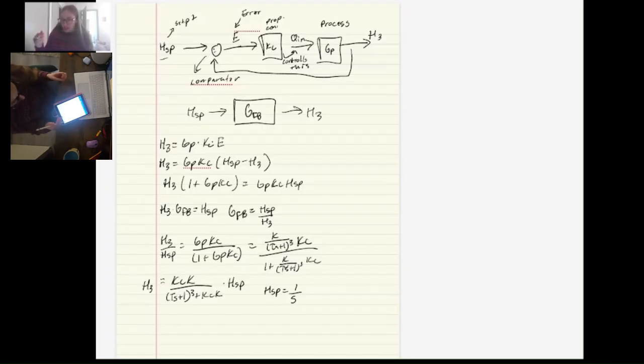Now, since it is 1 over s, we can make another function. So we have our deviated function of our height 3, and we are going to change our height set point. So we have Kc K over (tau S plus 1) to the third plus KcK, and then we multiply it by 1 over S, which is our unit step change.